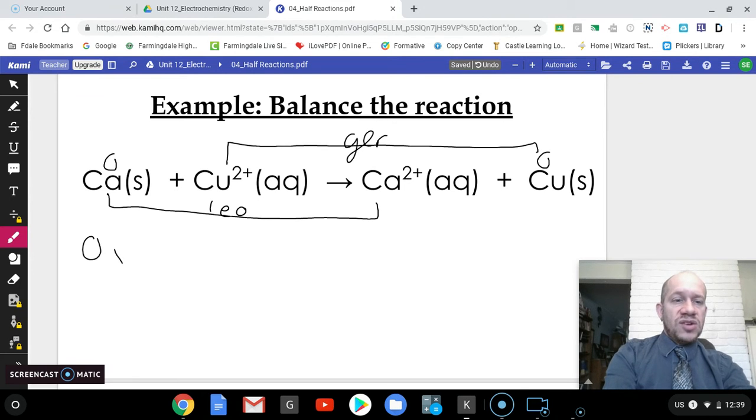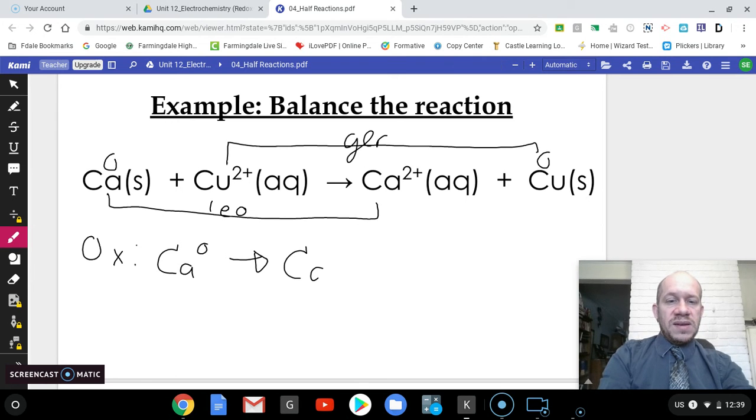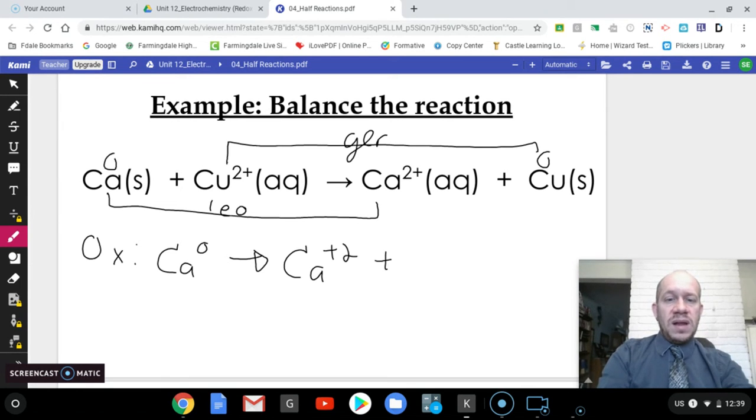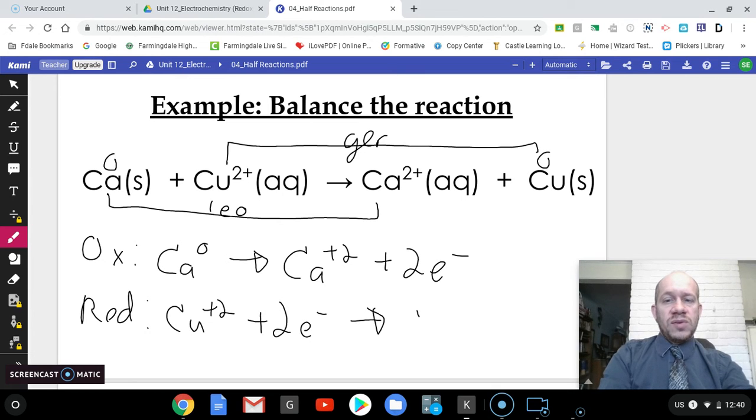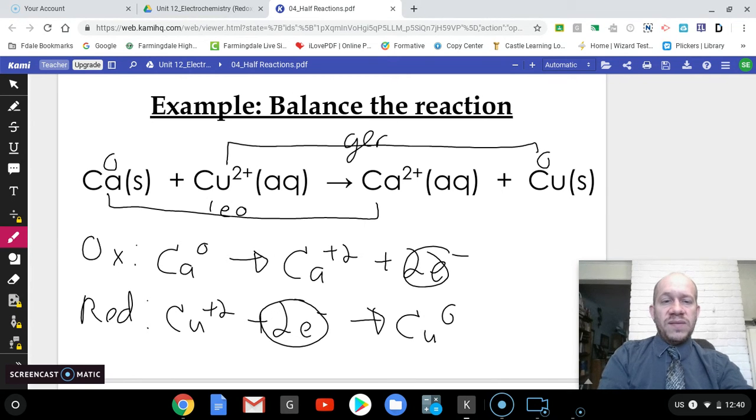So the oxidation half reaction will be the calcium. It's going to produce my calcium +2 ion and the loss of 2 electrons. My reduction will be the copper +2 ion will gain 2 electrons, which will then produce my copper metal. So because my electrons are equivalent, I don't have to balance anything. They're all equal.